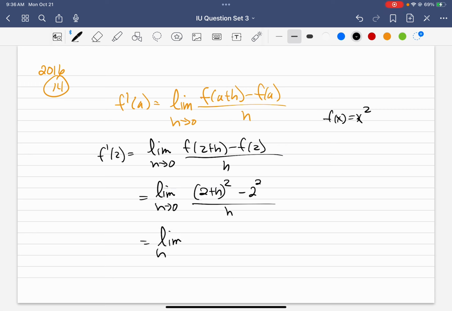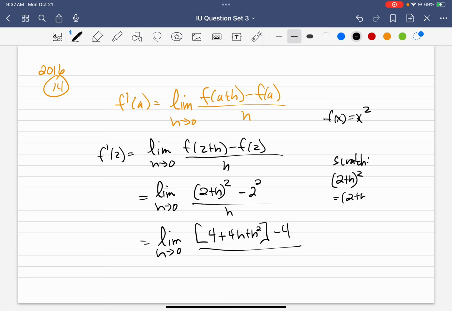So it's going to be the limit as h goes to 0. All of this is going to be 4 plus 4h plus h squared minus 4. If you want to come over here on your scratch paper to be more careful, this squared is just this times this. So you're going to get 4 plus 2h plus 2h plus h squared, and that's where we get all this.